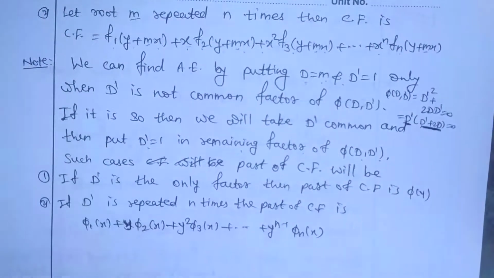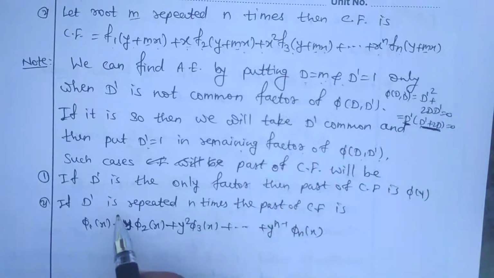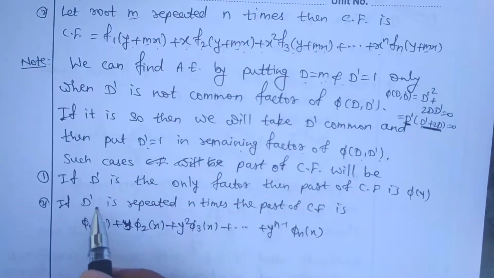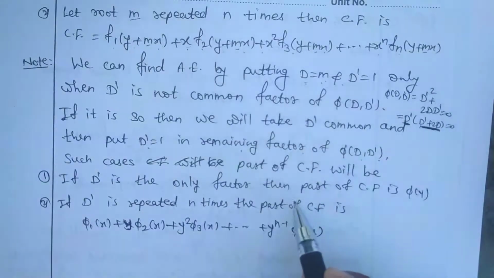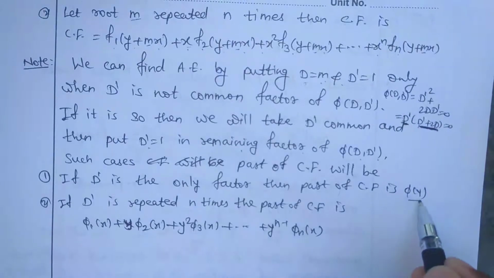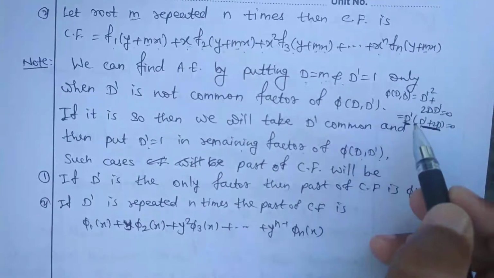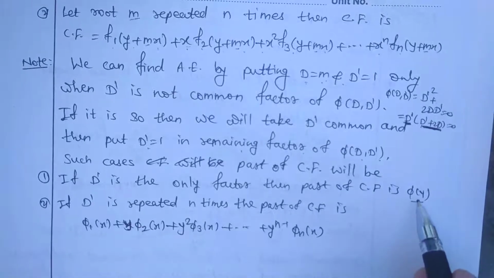Then if we get D dash as a common factor, how do we write the CF? If D dash is the only factor, that is, a single D dash is common, then our CF contains one extra term, a function. If a single D dash is common, then our CF contains an extra term.